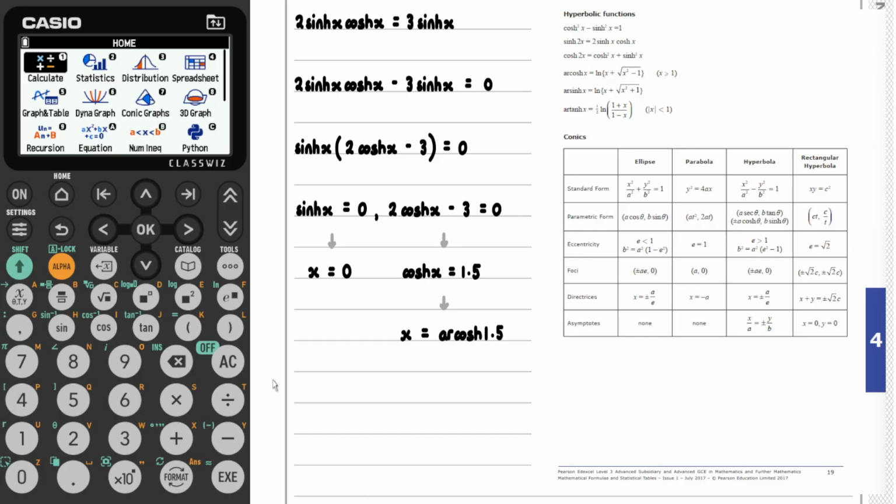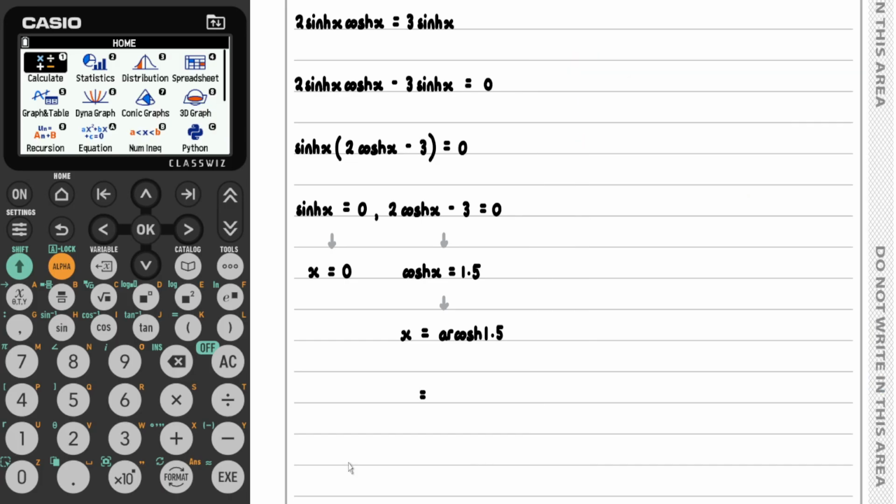If we use the hyperbolic function definitions, you can see the inverse hyperbolic cosine x is equal to the natural log of x plus the square root of x squared subtract 1, where x is greater than or equal to 1. So we have the natural log of 1.5 plus the square root of 1.5 squared subtract 1.